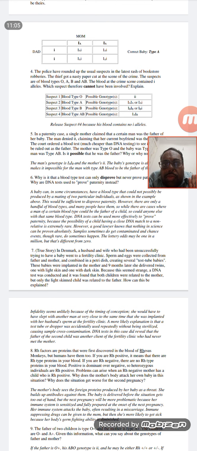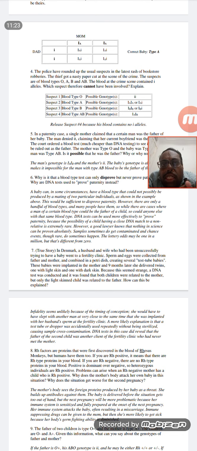Is it clear? The blood at the crime scene contained an I allele. So which suspect cannot be involved?